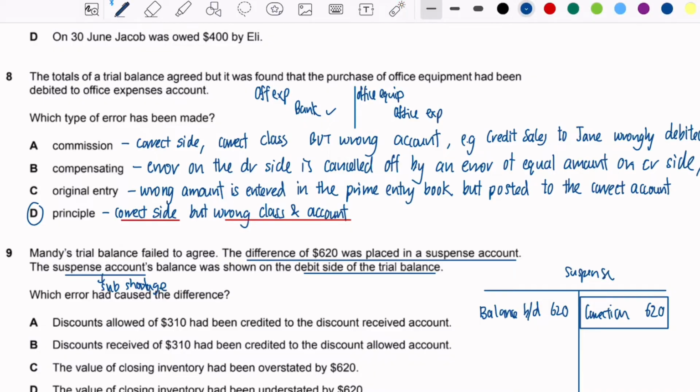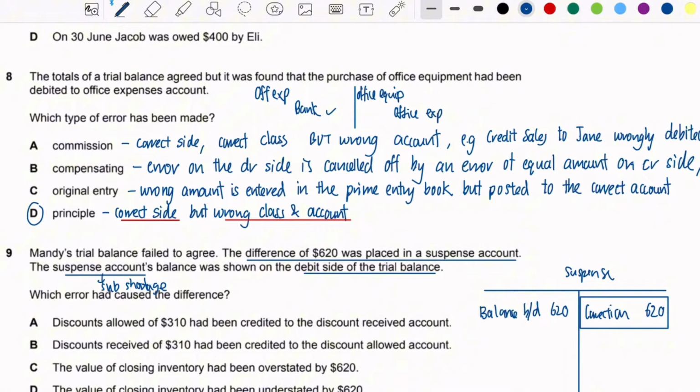So first we open a suspense account. Because it's a debit balance, you just write this first. Okay, so in order to balance this suspense account, we know that the correction should be on the credit side. So we need to find the error that requires a correction on the credit side.